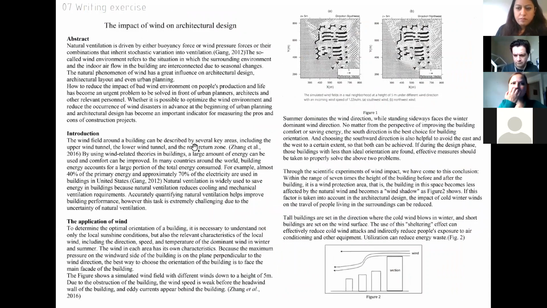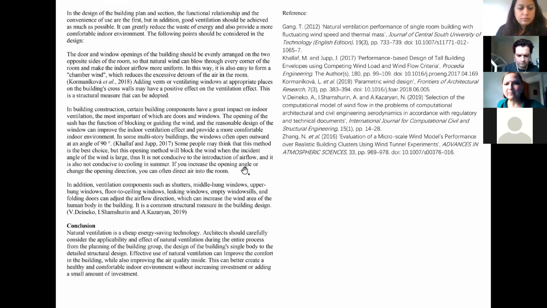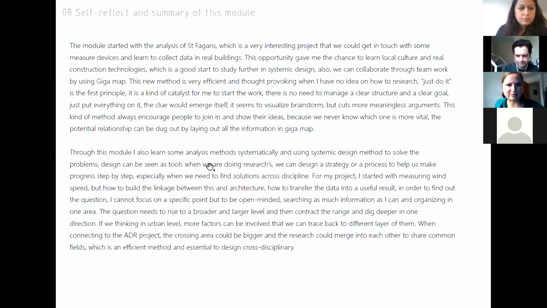And this is his writing exercise, where in this case he was reflecting on the wind flow, learning more about the field. Whereas this time you will be reflecting on the methodology of analyzing precedents and relating it to the design research. So here he self-reflects in a summary, explaining what his learning was, what he learned and didn't learn, and I asked students to add a critique as well.